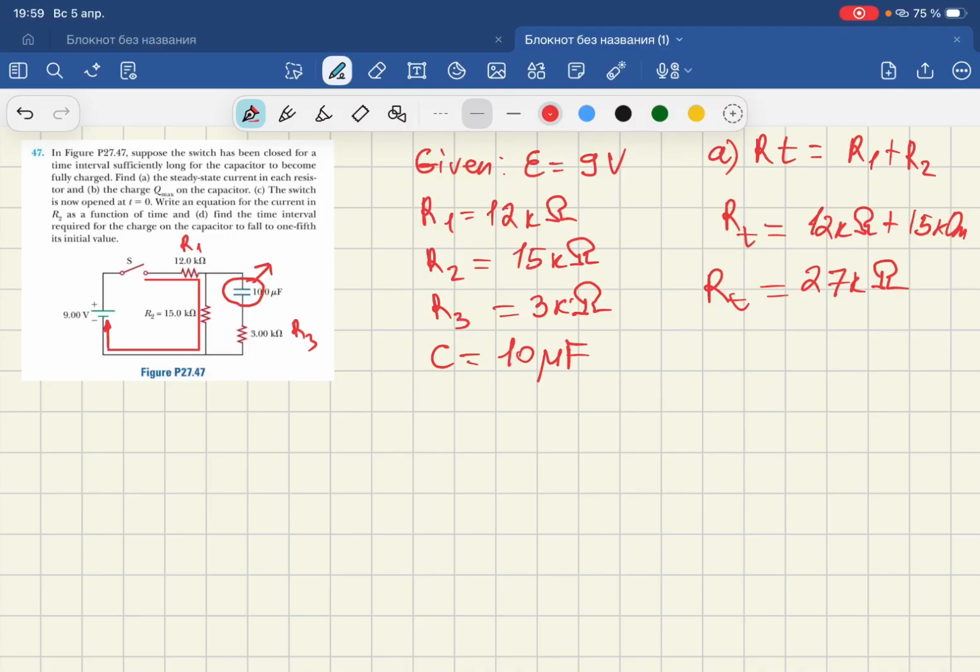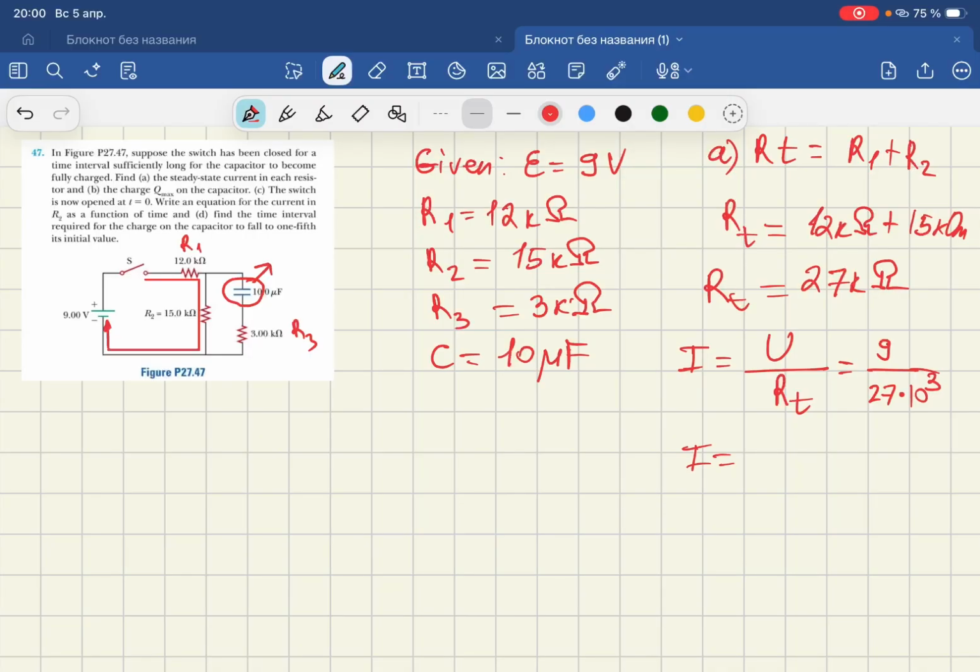So in that case we can find that the current going through that circuit is equal to the voltage divided by the total resistance. It is equal to 9 divided by 27 times 10 to the power of 3, because kilo is 10 to the power of 3.